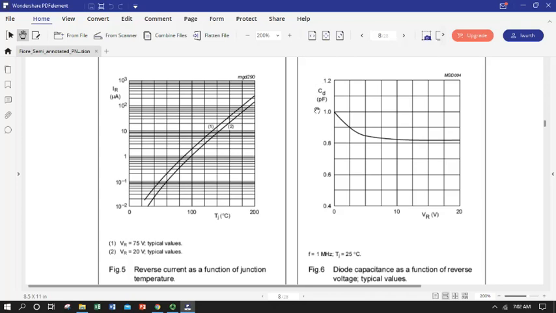So this is capacitance as a function of reverse bias applied voltage. This is where we look at the PN junction depletion zone as being a little capacitor, like the dielectric of the capacitor. So we can see as we apply more and more reverse bias, we're going to widen that depletion zone.